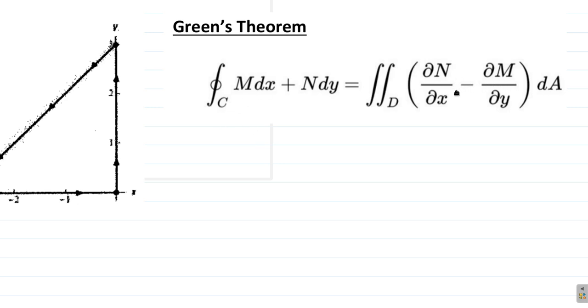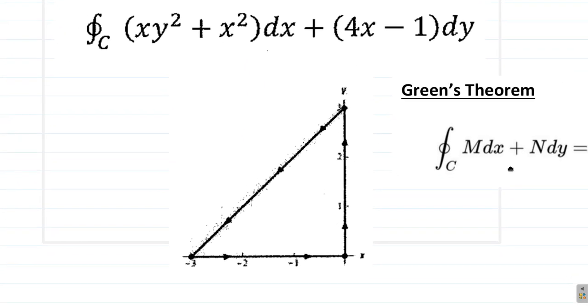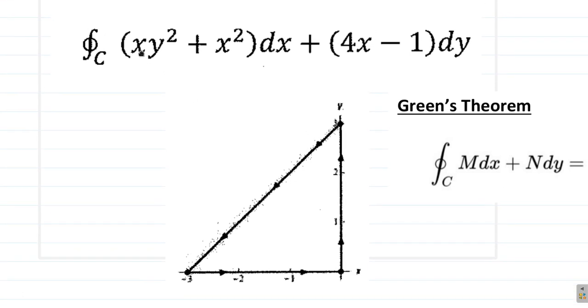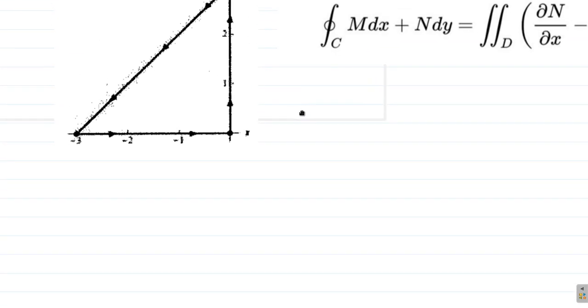Now, you could work it out dx dy or dy dx depending on which one is more convenient to you. But let us see what's going to happen here. Let me write the formula the way I've known it before. Instead of m and n I use p and q.